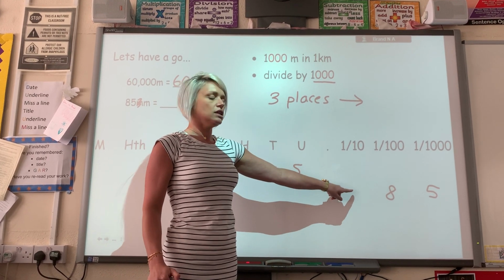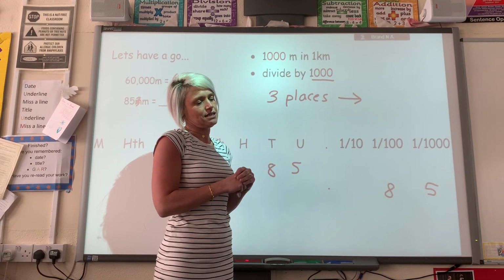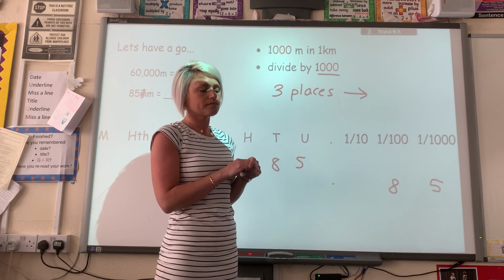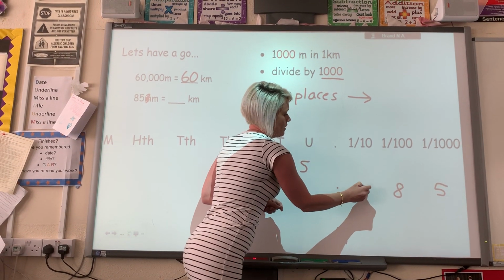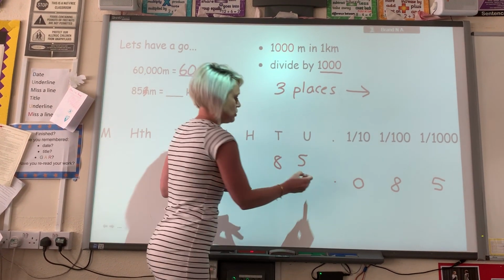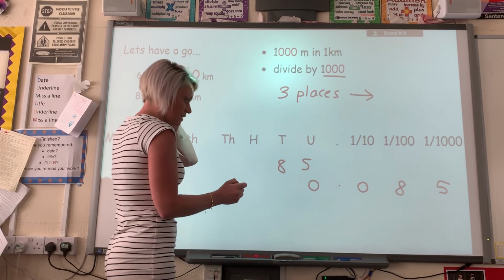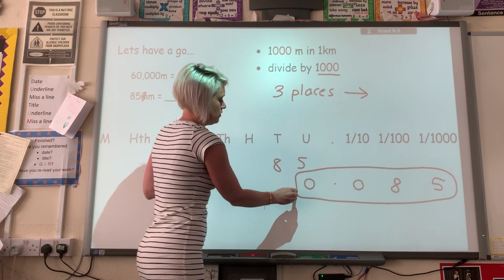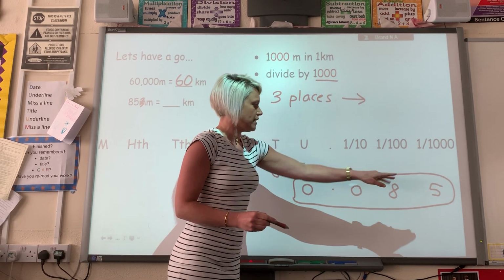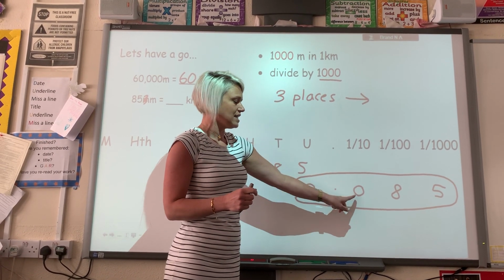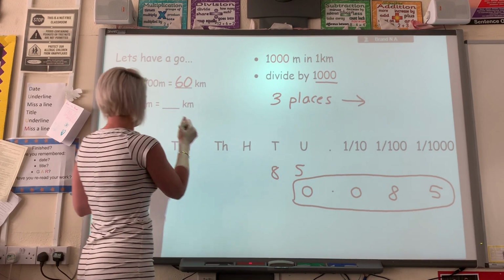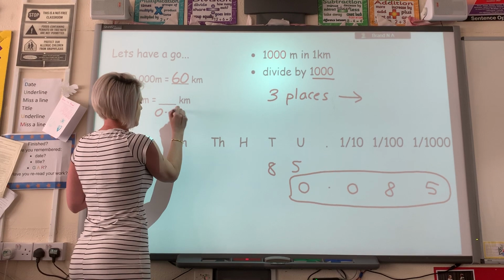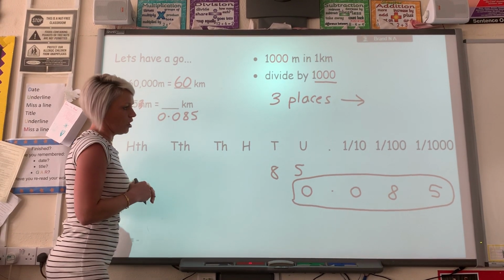So what do you think we need to put in the space there this time? Think carefully. That's right, you should have guessed a 0. Doesn't change it, but we can't have a blank space. So, my new number now. We moved all the digits 3 places and we put in the 0 there in the tenths column to build the number up. So 85 metres is equal to 0.085 kilometres.